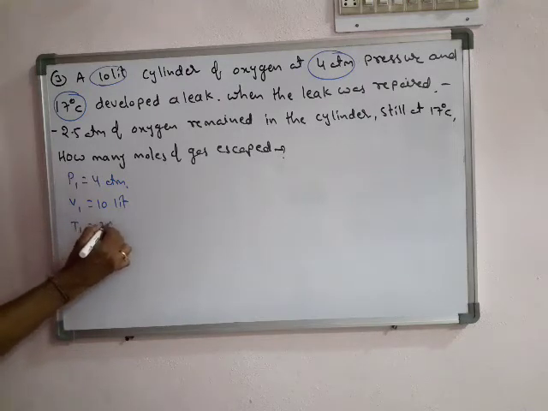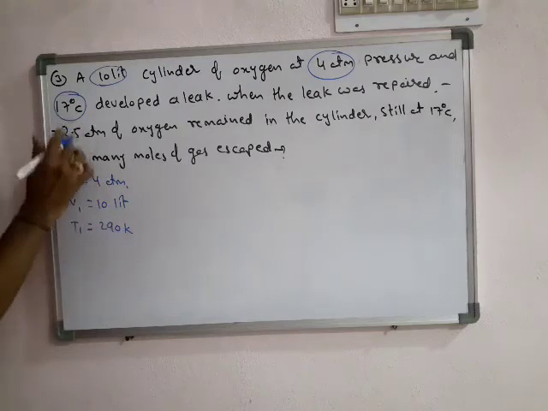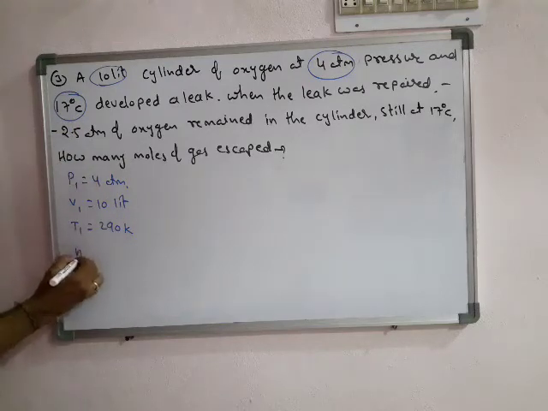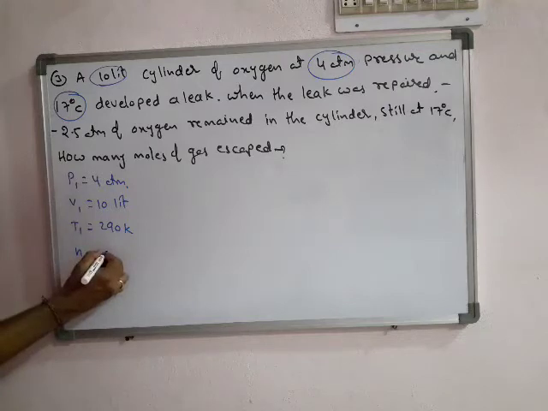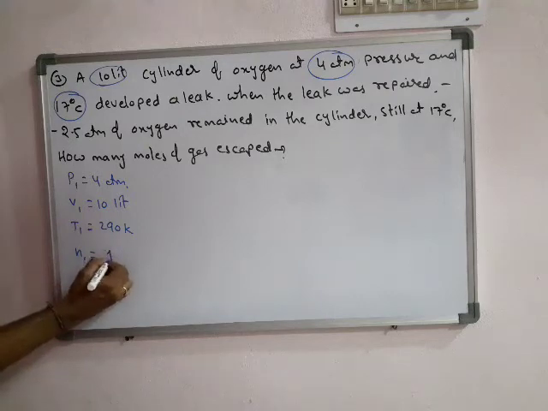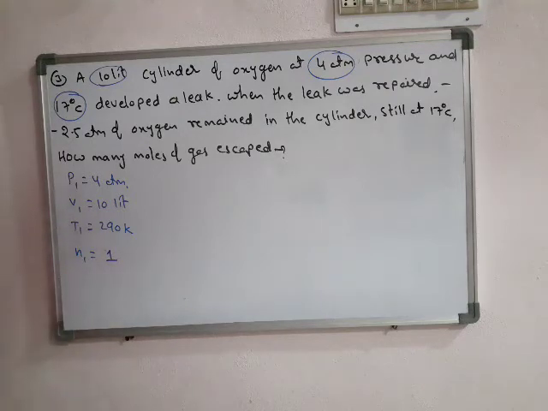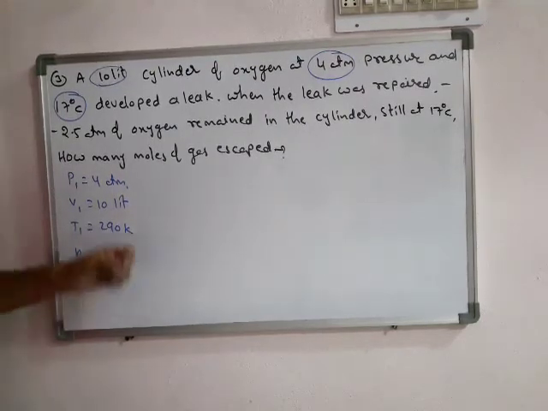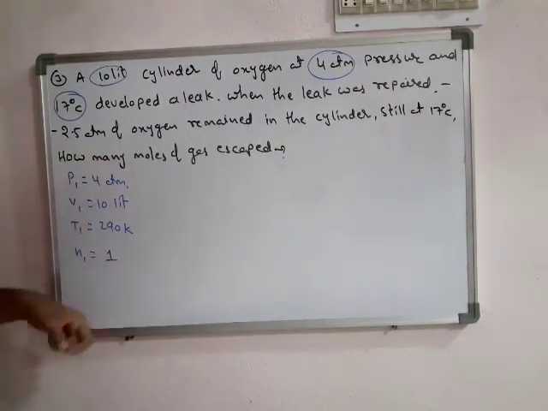What is T1? 290 Kelvin. What is the number of moles? Not separately given. Just take it as 1 mole, just for calculation purposes, because we are only comparing here.